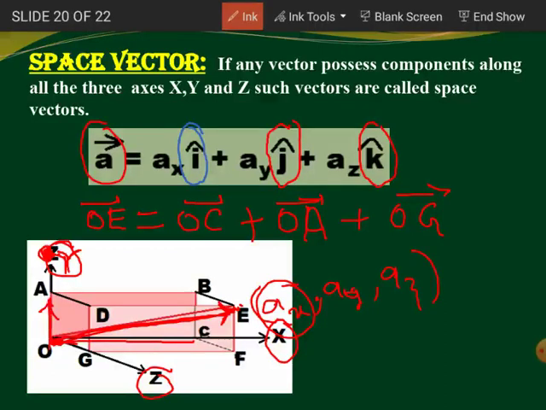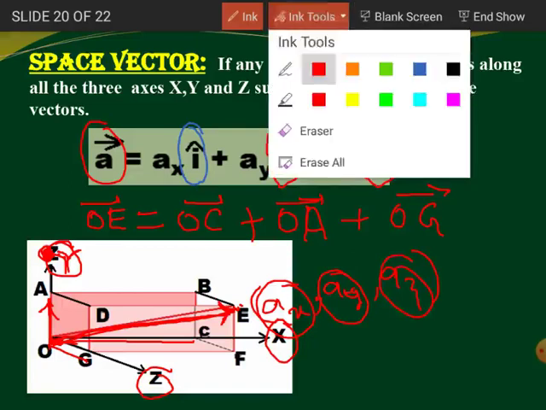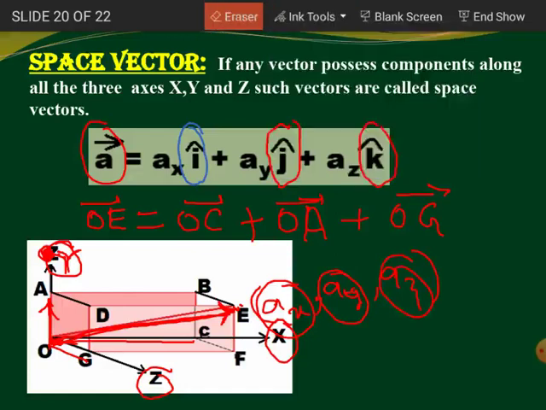Your OA will be represented by the length Ay, and OG will be represented by Az. Then your vector quantity OE can be expressed like this.